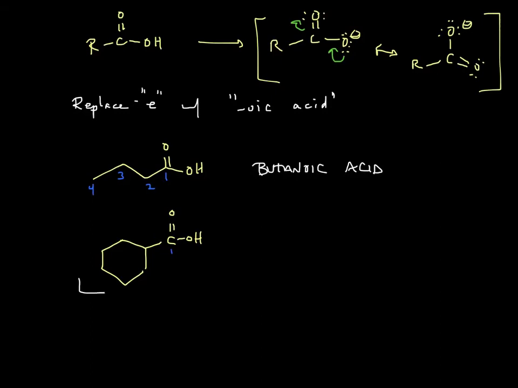So if you recall, we basically give this guy a pseudo main chain name, so that would be cyclohexane. And then you just stick the word carboxylic acid at the end. Alright, and that's about it to naming carboxylic acids.